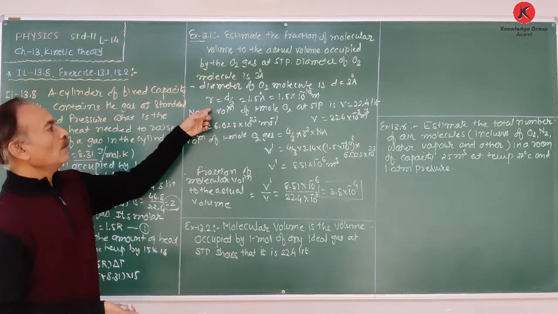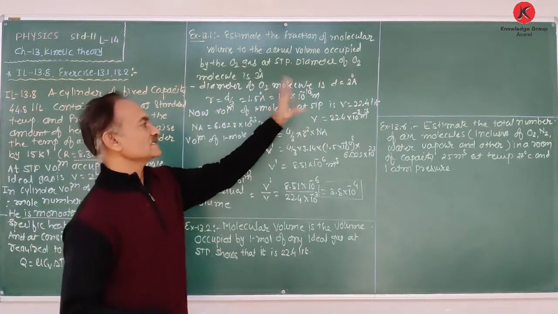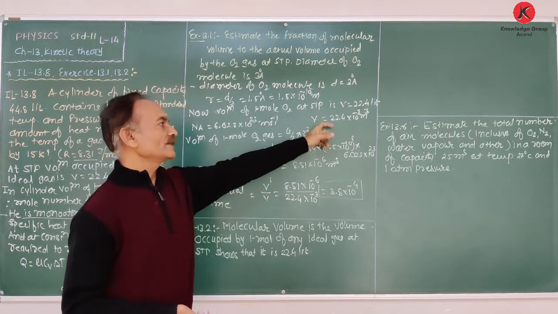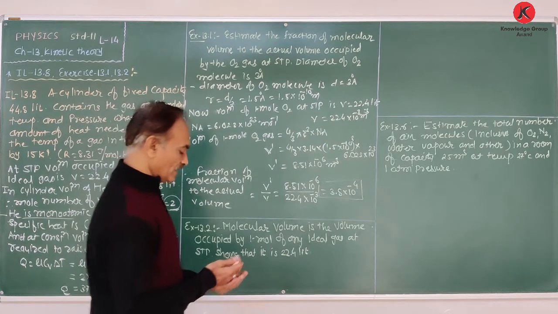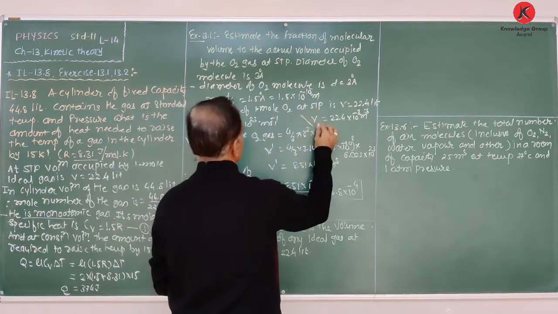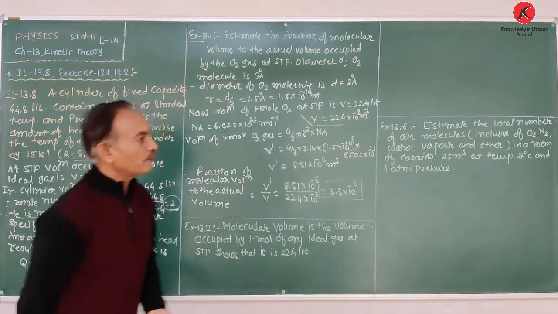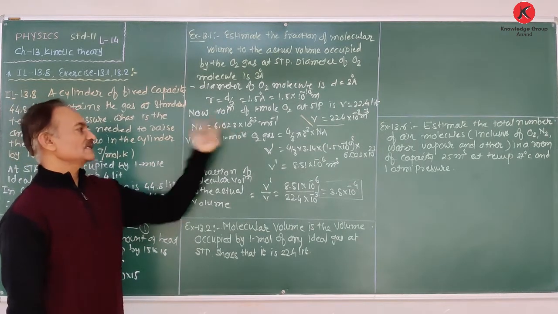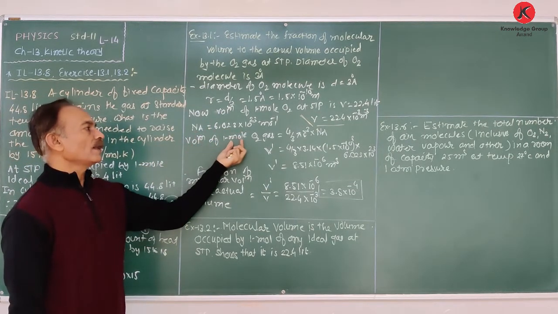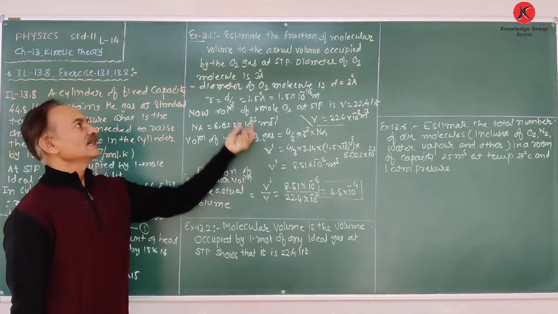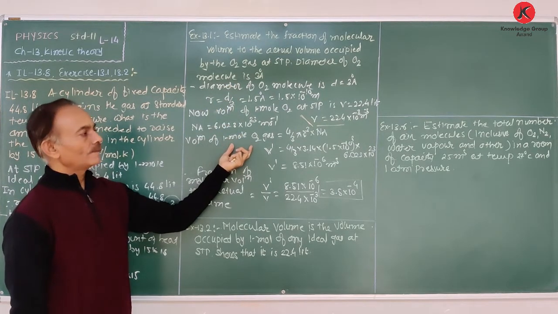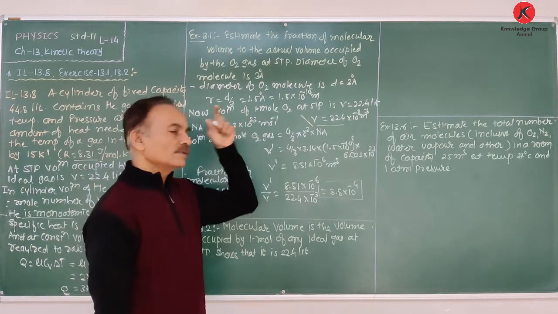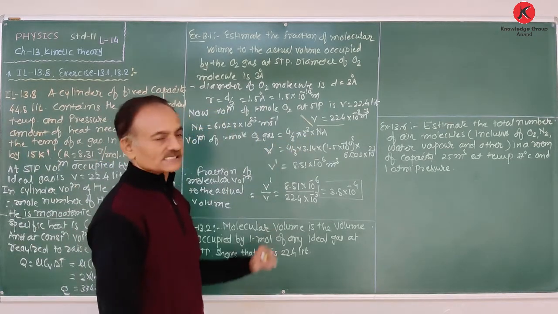That is done. Now, the volume of 1 mole of O2 gas at STP is 22.4 liter. That means V is equal to 22.4 × 10^-3 meter cube. Avogadro number is this. Therefore, the volume of 1 mole of O2 gas, actually the molecular volume, is equal to the volume of 1 molecule into the number of molecules in 1 mole of gas.